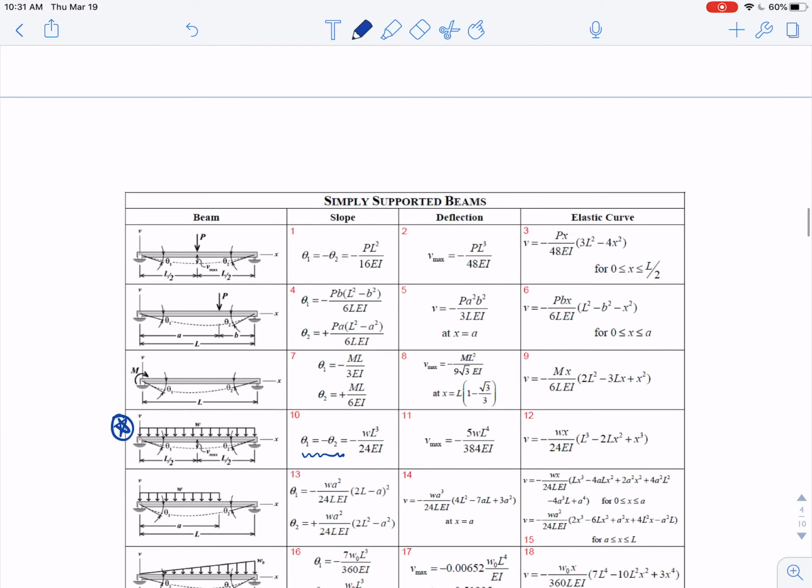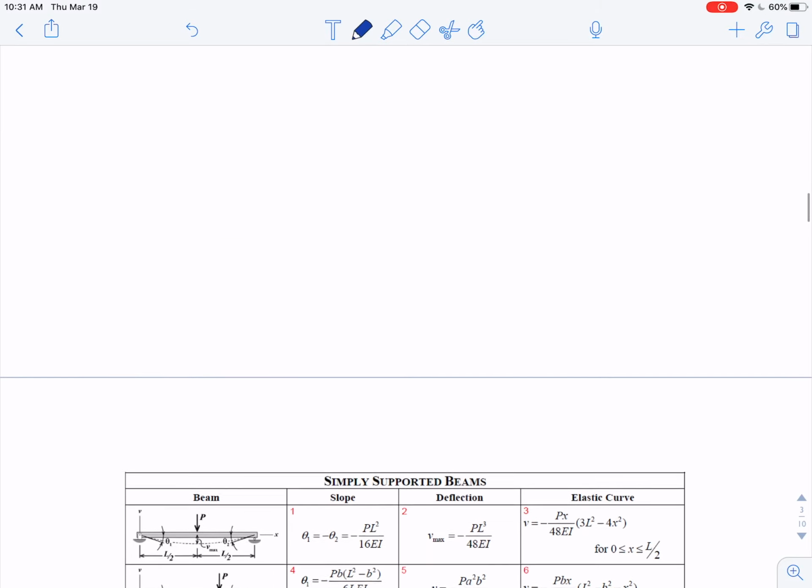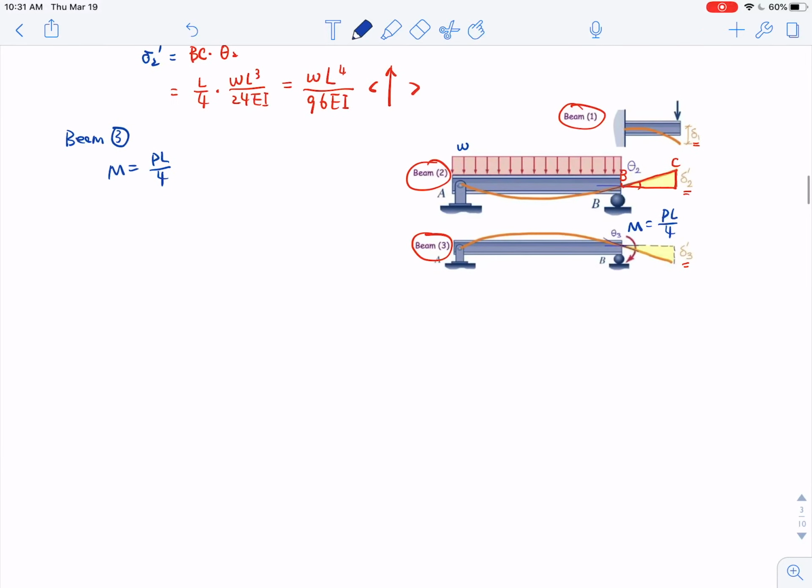This will be, again, equation 7, as we analyzed in example 1. Just use this equation. So theta 3 can thus be calculated as negative ML over 3 EI.